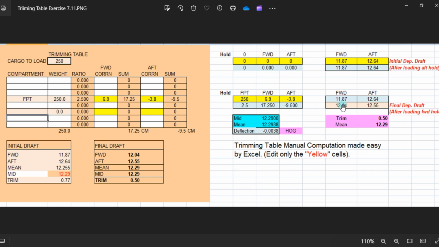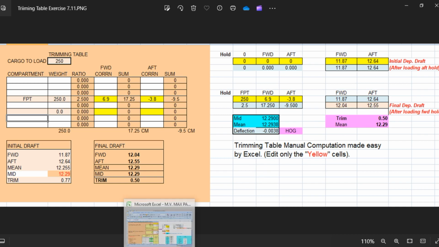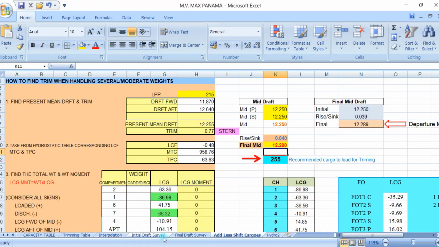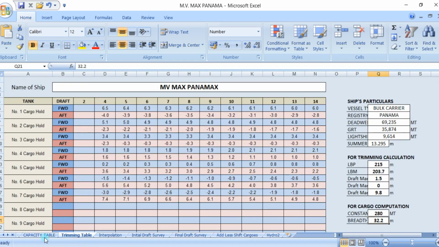Okay, to get the formula, we can go to the program itself. We go to table 3.